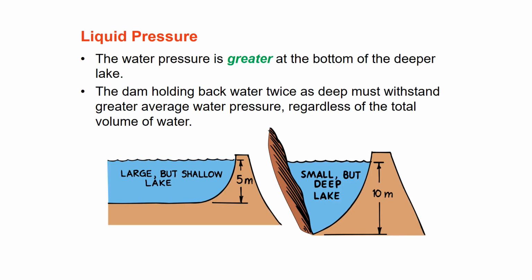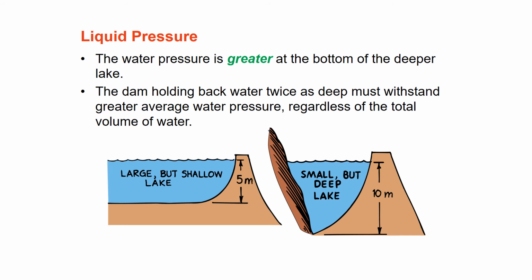Let us see this example. In these two figures, we have two dams which have water behind them. The first figure shows that we have a larger but shallow lake behind the dam. The height of the water in this case will be 5 meters.